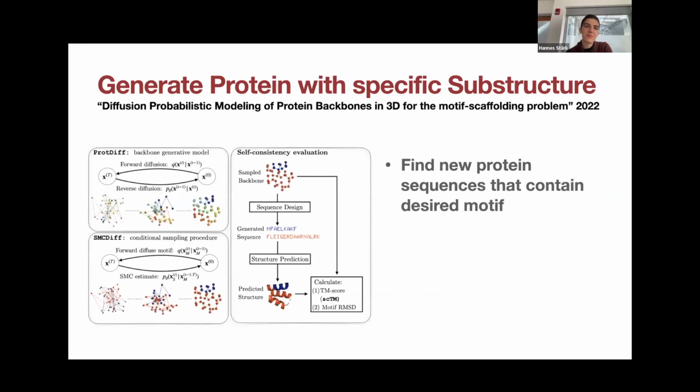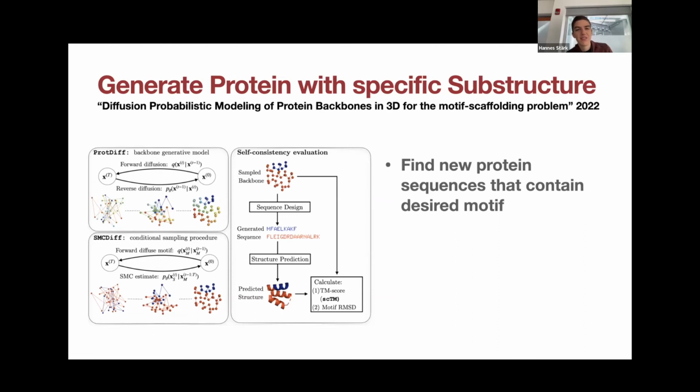And then of course we can also go again to the protein world, where Jason Yim, sitting over there as well, developed a model where we have a fragment or a piece of a protein which we know does something that we want, but maybe it's too small to be stable, or it's just not stable because of its structure, and we want to design a backbone around it.